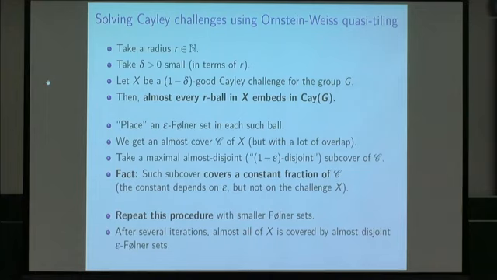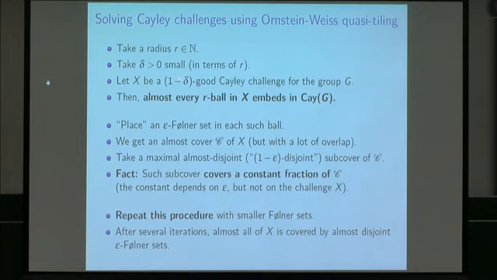Then the observation is that since it's so good, since the relations are kept in almost all of the graph X, then almost all balls of radius R in X look like balls in the Cayley graph. Yes, this is not hard to prove.